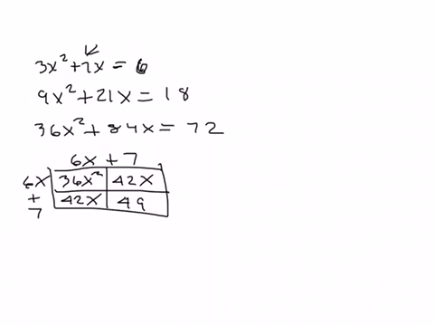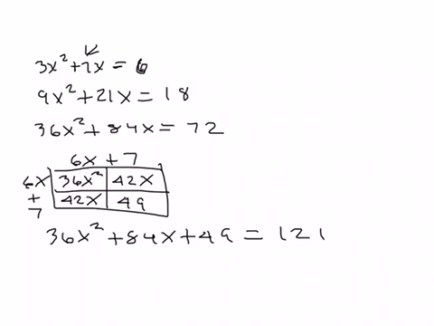So that's my missing piece. So I'm going to add 49 to both sides. So I get 36x squared plus 84x plus 49 equals 72 plus 49, which is, really? Is it 121? Yes, it is. Wow. Okay.